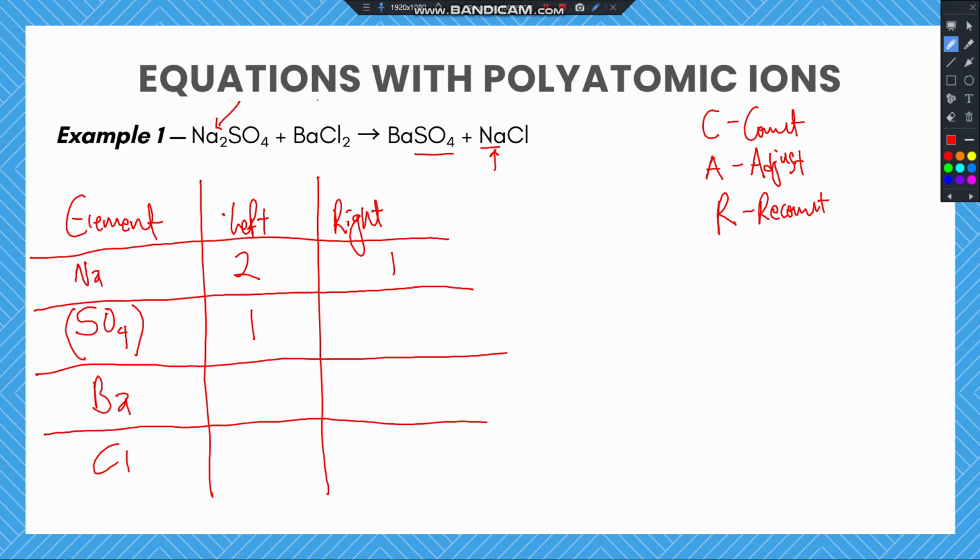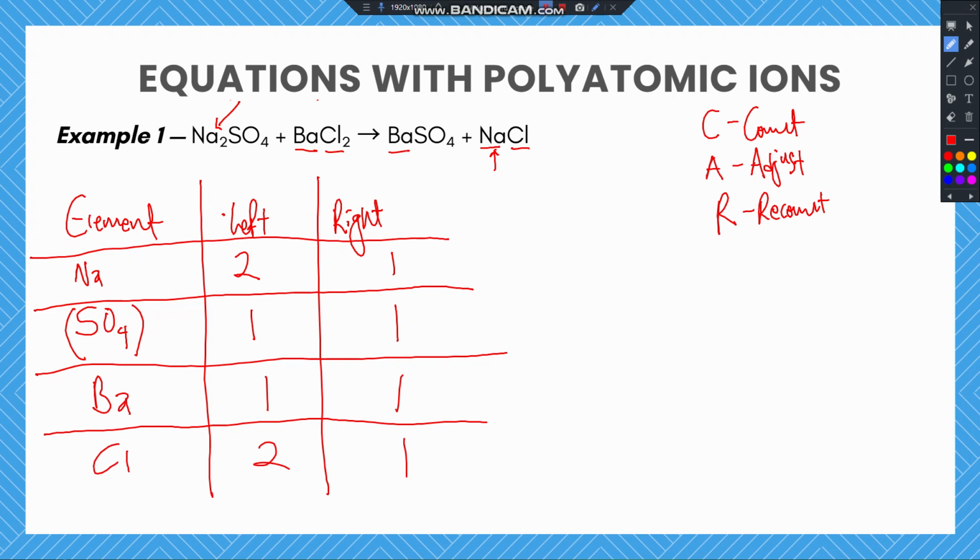On the right hand side as well, SO4 appears once. For barium, one atom on the left and one atom on the right. And for chlorine, two atoms on the left and one atom on the right. So we've identified the number of atoms for each element present on the left and on the right.